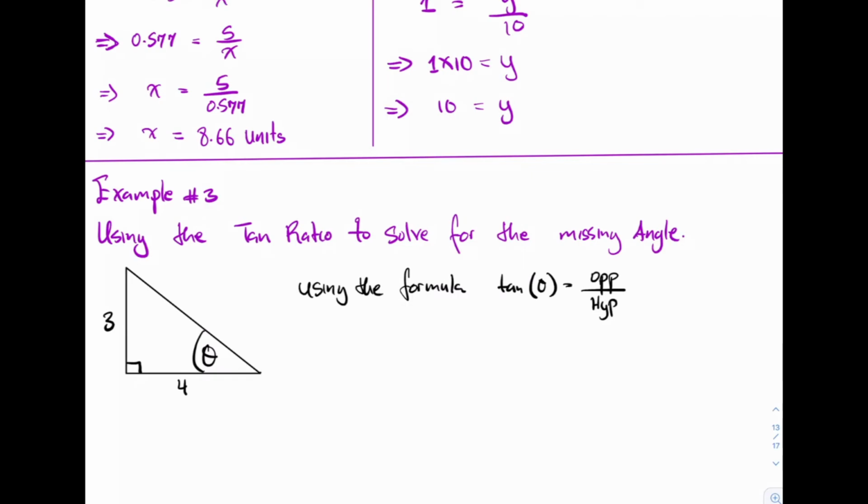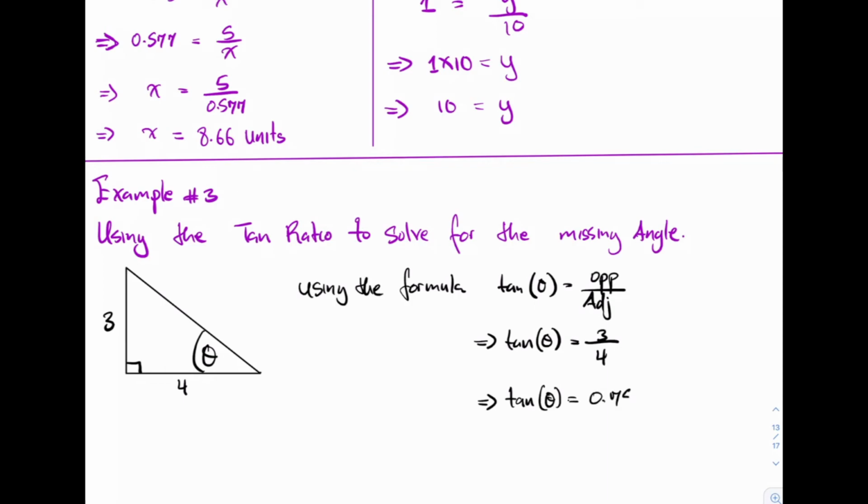Oh wait, here the tan is equal to opposite over adjacent. So tan of theta is equal to 3 divided by 4, which we now can go to our calculator, plug in 3 divided by 4, and it gives us 0.75.